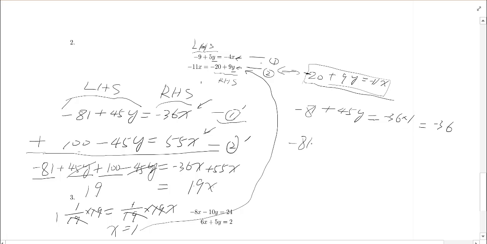You move this over here, plus 36 equal, sorry, you should put 45y over here, right? It's better. You don't like to put the 45 on the right hand side and make a negative 45. You like this one. You put a 45 over here, then you get a 81 on the right hand side, which becomes positive. Or you can think of plus 81 on both sides. And this minus 81 canceled.